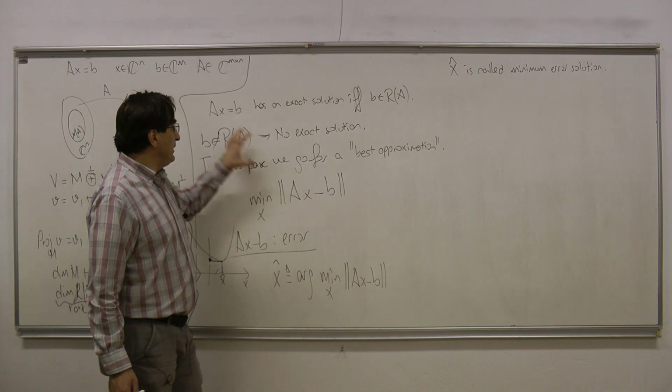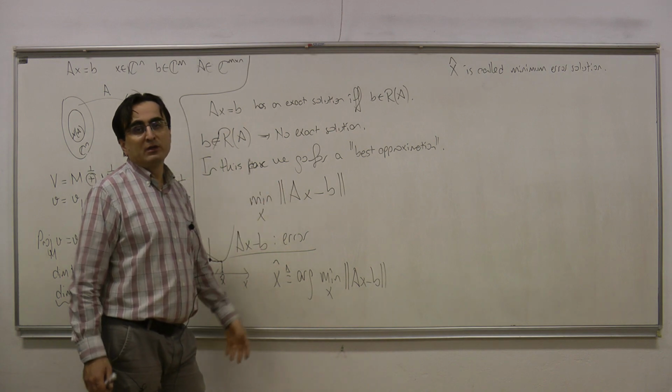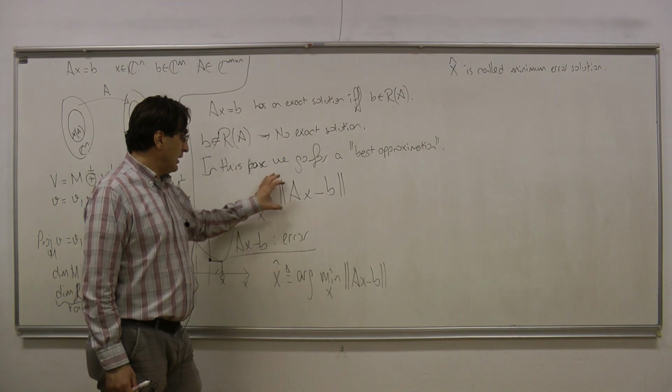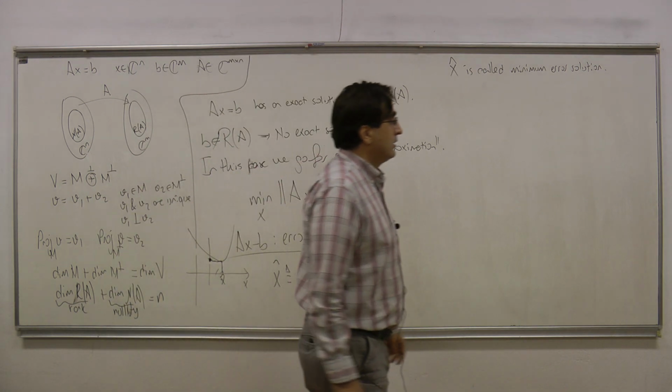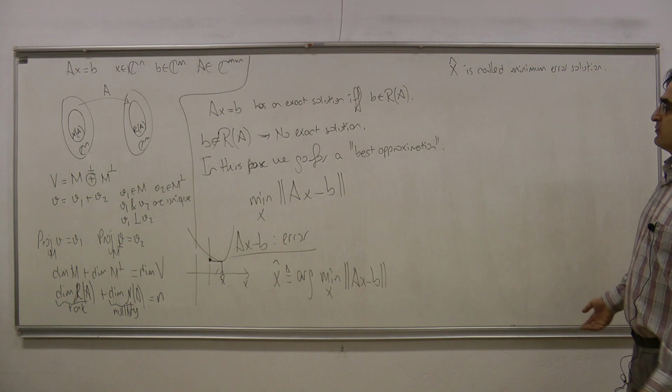If B is not in the range space of A, then obviously this minimum will not be equal to 0. It's going to be a positive number, and then our x hat needs to be calculated in a specific way. So here is what I'm going to do.